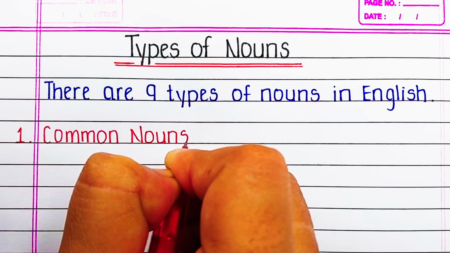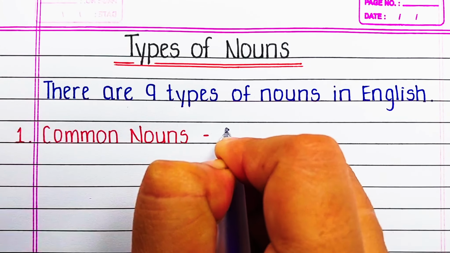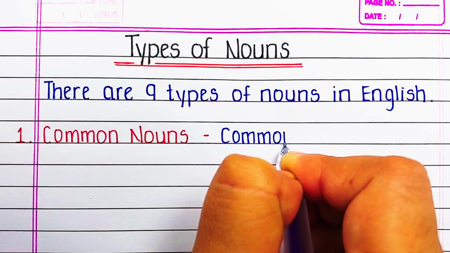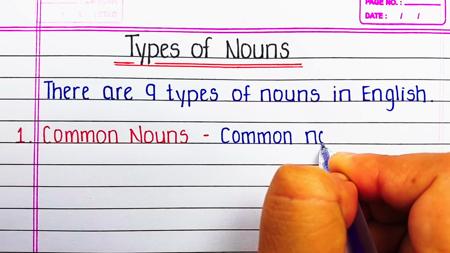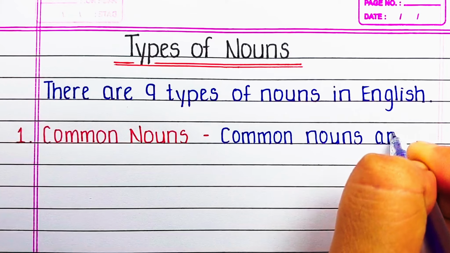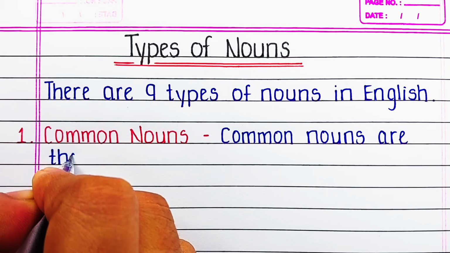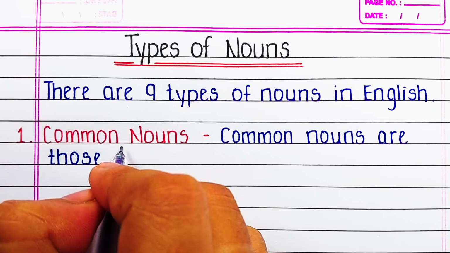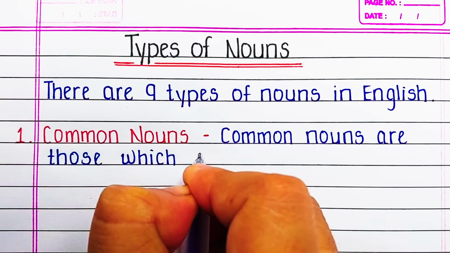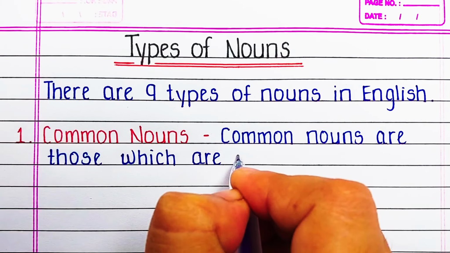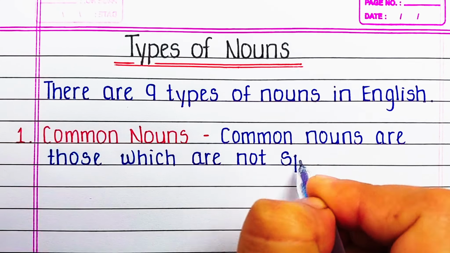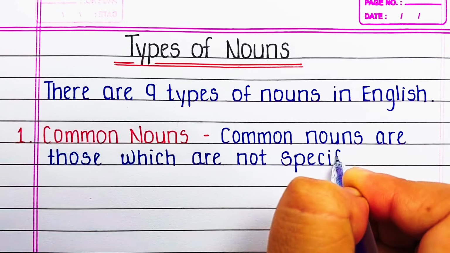Coming to types of noun, there are 9 types of nouns in English. First one is common nouns. Common nouns are those which are not specific.